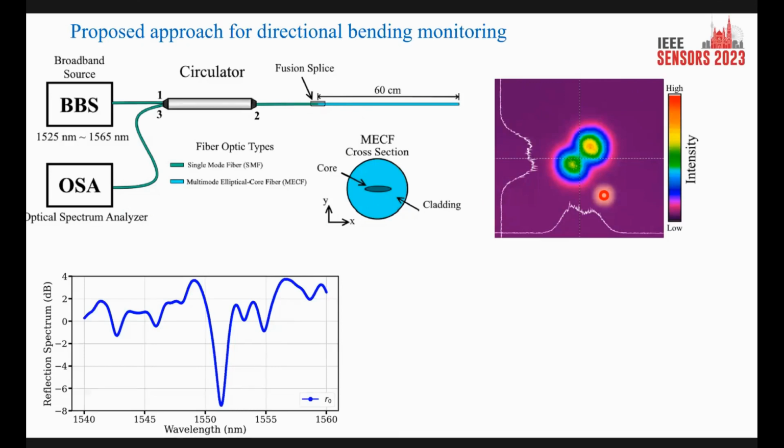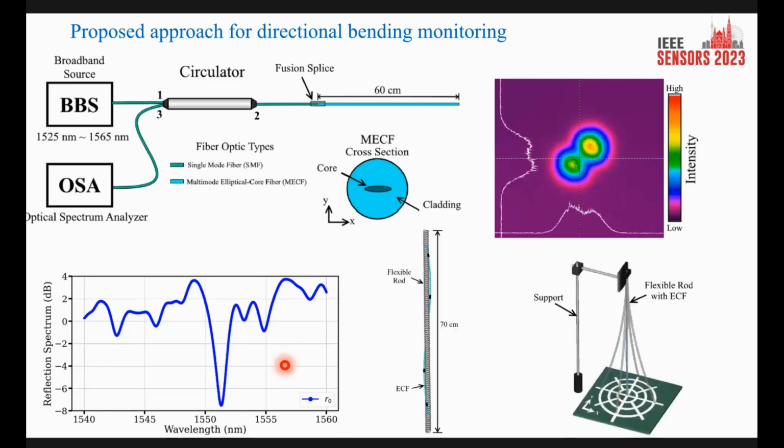So we do have several modes traveling down the fiber. We don't really mind which modes we have. And we have this interference spectrum coming from the interference between modes. In this case, we have several minimums, several maximums, so it's different from that sinusoidal signal that we saw before, but it's exactly what we want.